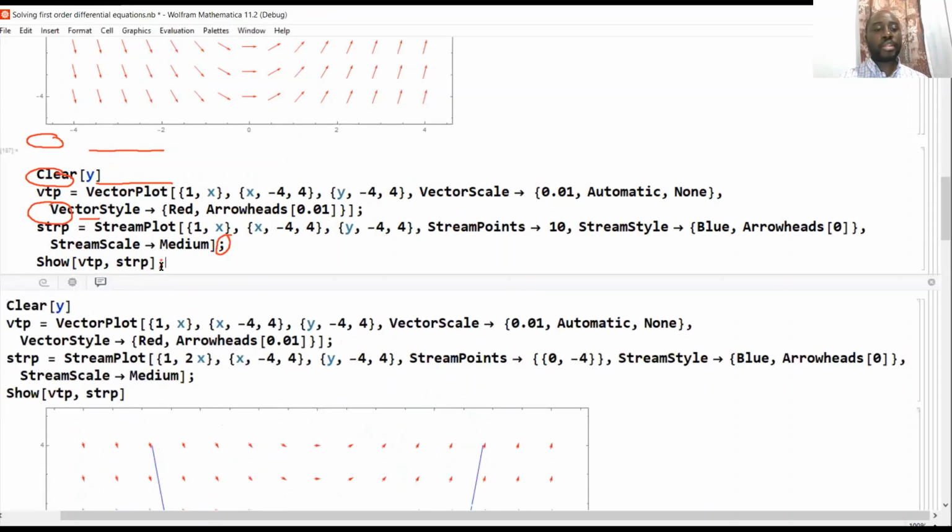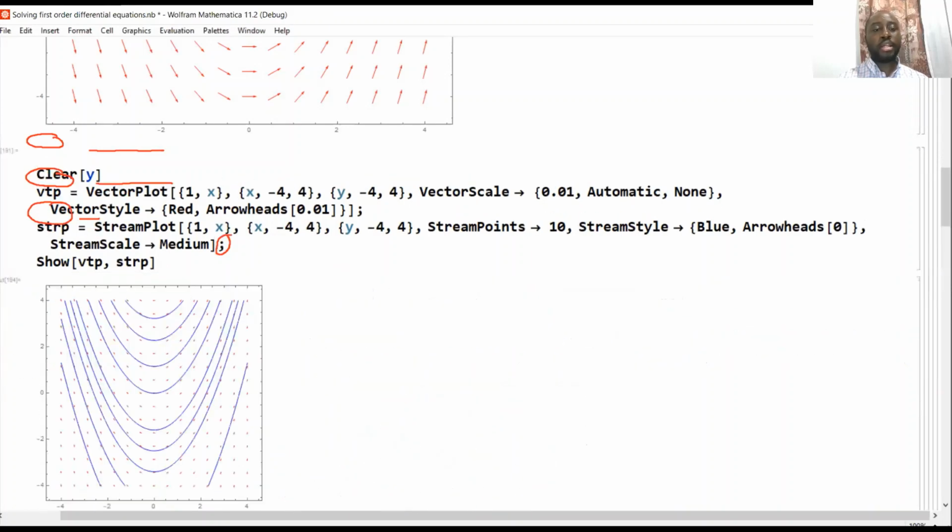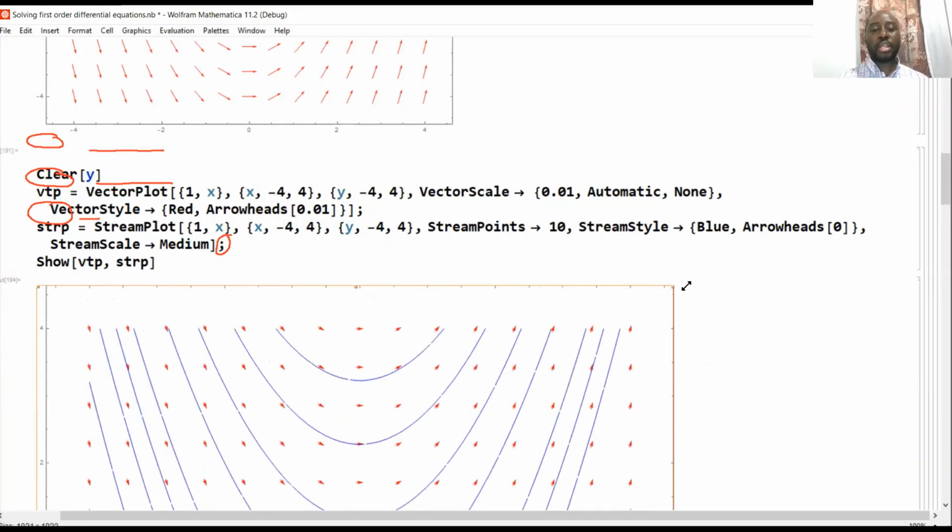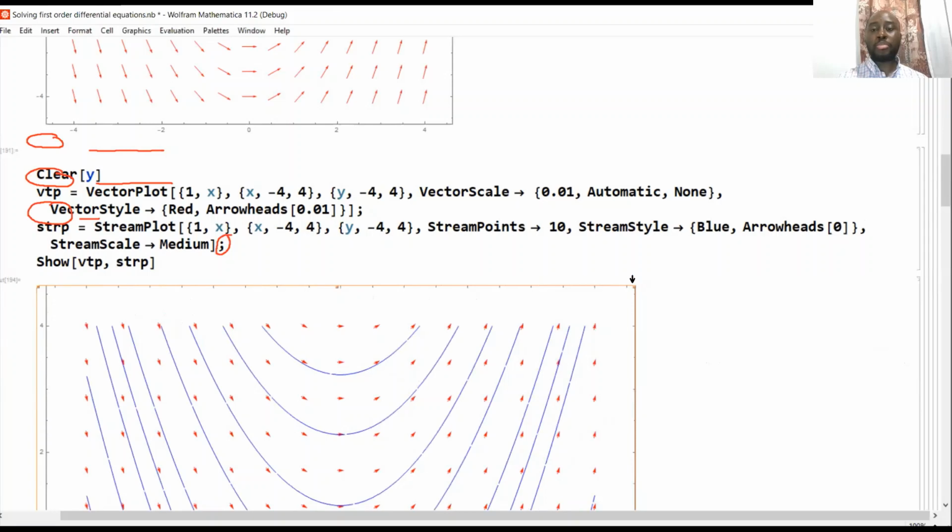If I remove the semicolon and I press Shift Enter, it displays the graph. And then you can stretch this graph to any scale that you want, make it bigger or smaller. So this is how I generated those solution curves combined with the slope field.